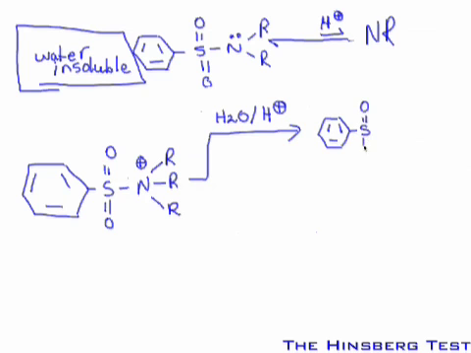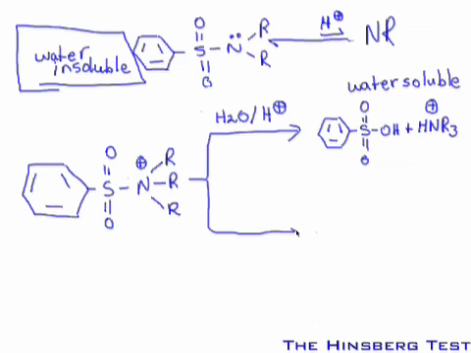Now, benzene sulfonic acid is water soluble. And you will get HNR3+. Now, ammonium salts tend to be water soluble as well. So in acid, the tertiaries are water soluble. And it's the only one that's water soluble in acid.